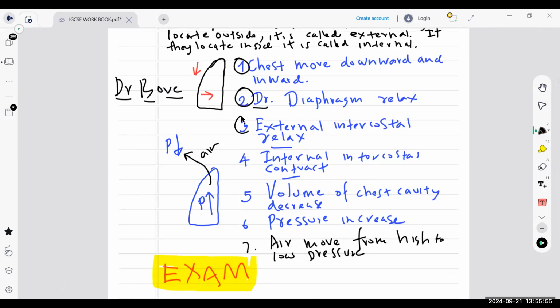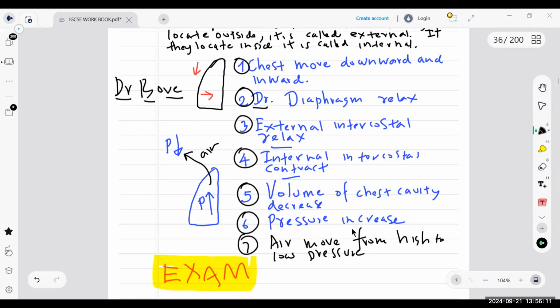One, two, three, four, five, six, seven. So copy this down in this order, 1 to 7.